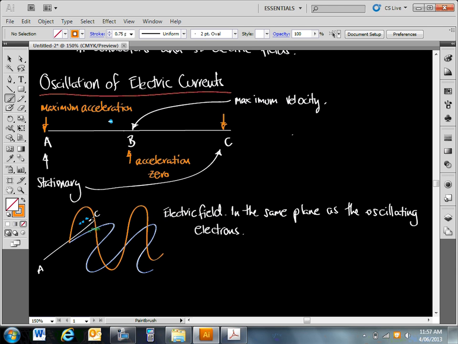At right angles to the electric field, we have an oscillating magnetic field.